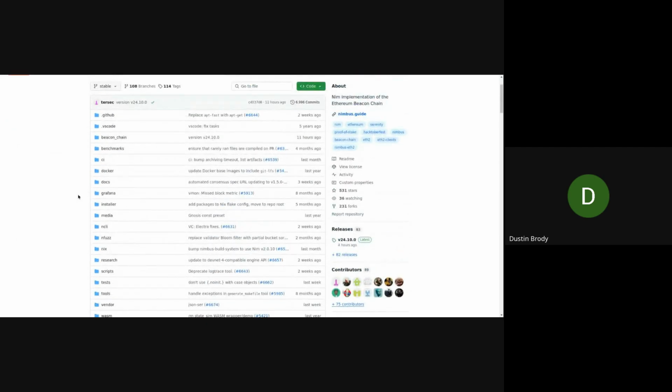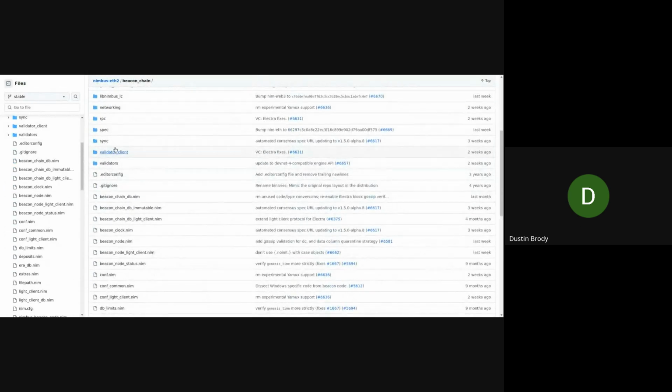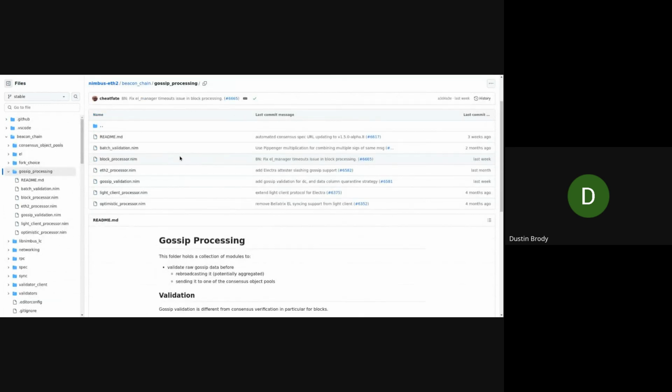Broadly speaking, one way to look at the code base is that it has a trusted and an untrusted part. We can look at everything in this gossip processing part, which essentially treats things as untrusted.